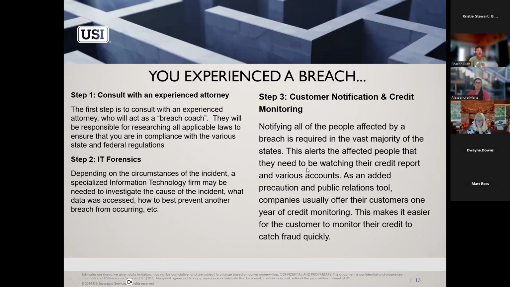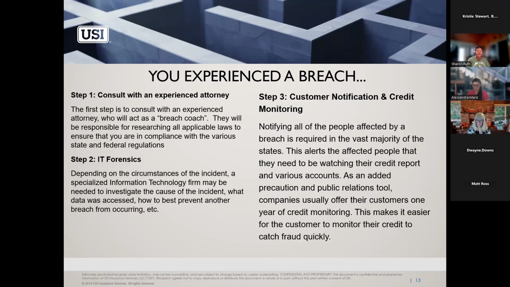Next, if you've got a breach, more power to you. It's probably adding another thing to your plate as the office manager. You've got to make sure that you've got a good attorney on hand that's experienced in these breaches. Make sure you're following all state and federal guidelines. You might want to get an IT forensic team involved if you don't already outsource your IT services.